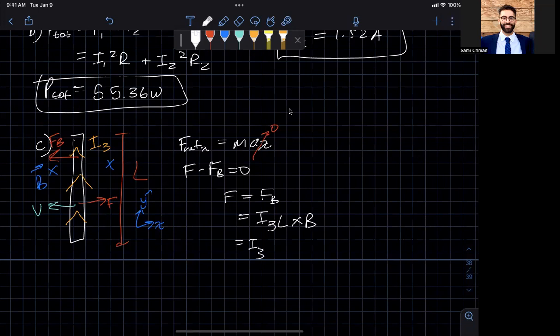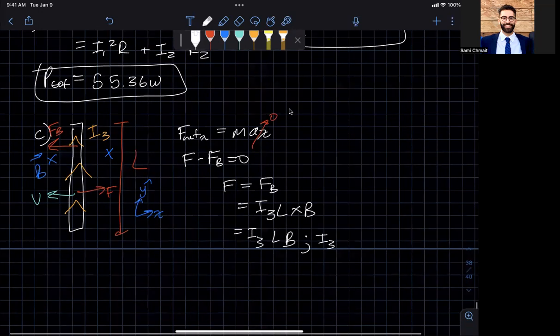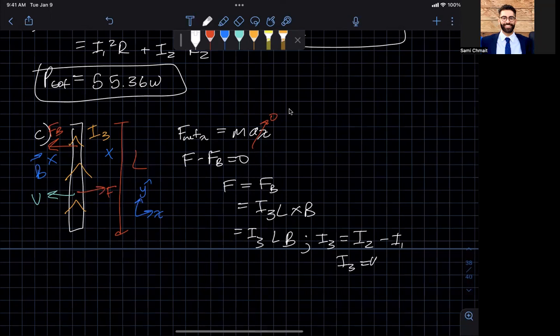So I3 L B. To solve for I3, we rearrange our loop equation, and I3 is equal to I2 minus I1, which is 4.56 amps. You know what the length is, you know what the B field is, we now know what I3 is. You can solve for that force as 9.25 newtons. And then I'm going to say rightwards.